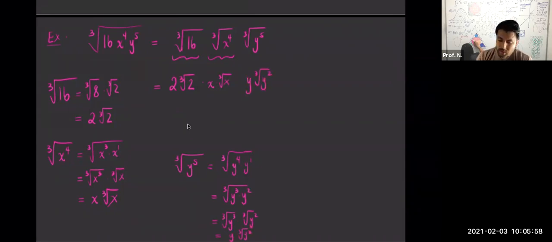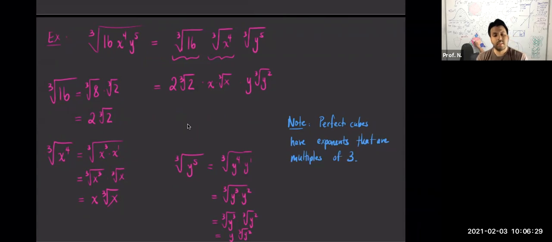So the note here is that perfect cubes have variables with exponents that are multiples of 3. Example: y cubed, y to the 6th, y to the 9th, y to the 12th.